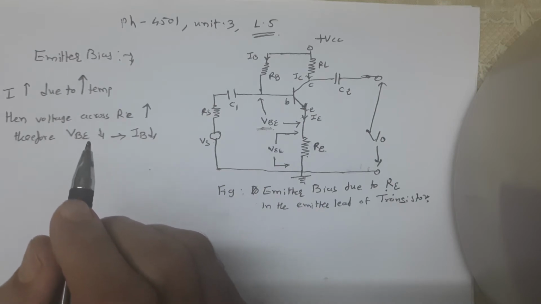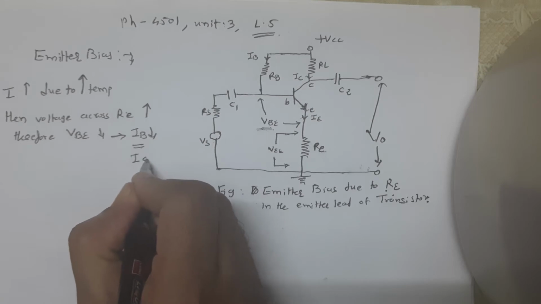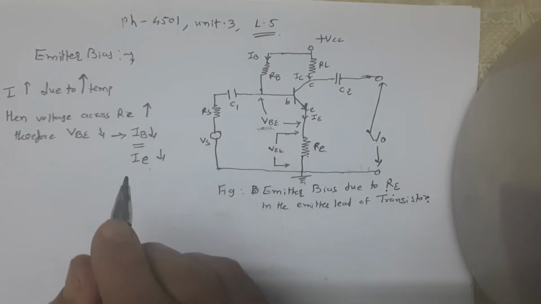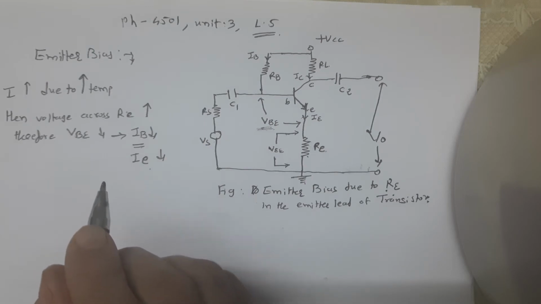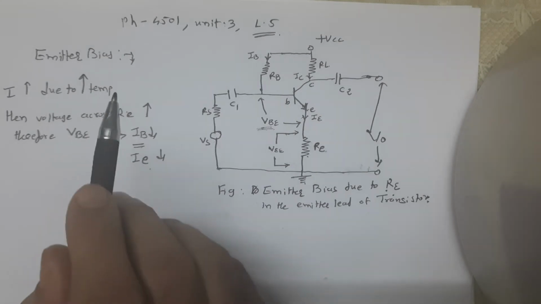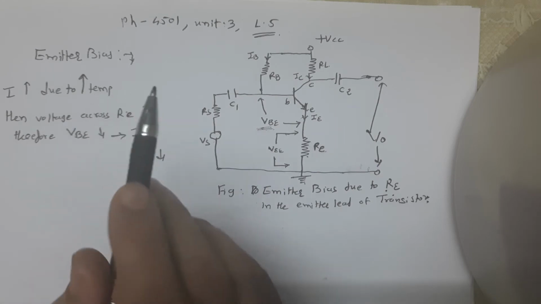If IB decreases, then IE will be decreased. In this way, the decrease in IB will try to compensate the increase in IE against the variation of temperature. I repeat, in this way, the decrease in IB will try to compensate the increase in IE against the variation of temperature.